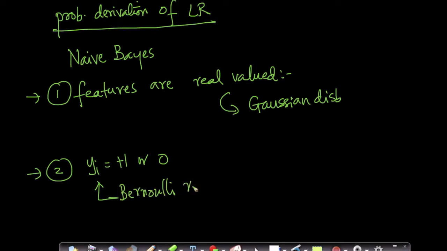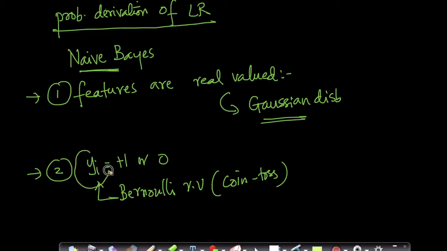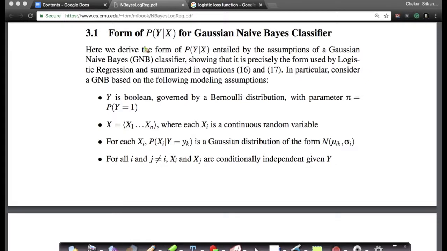We looked at Bernoulli random variables as coin tosses: when you have a coin toss with only two outcomes, such a random variable can be thought of as a Bernoulli random variable. So if you take the naive Bayes approach with only two assumptions, the first being that all your real valued features are Gaussian distributed, all the conditional distributions are Gaussian distributed, and the second that your class label is a Bernoulli random variable, then you can derive the whole of logistic regression using first principles.